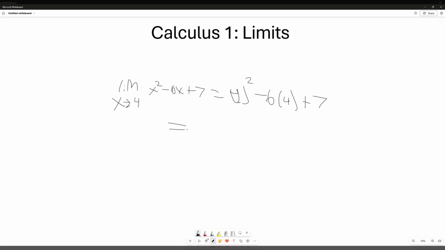So it would be 16 minus 24 plus 7. 16 minus 24, what's that? It's going to be negative 8. Sorry about that.